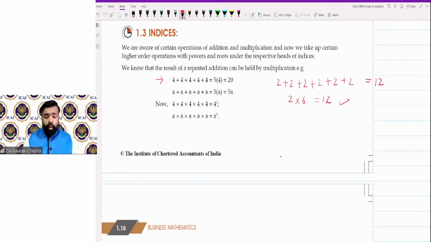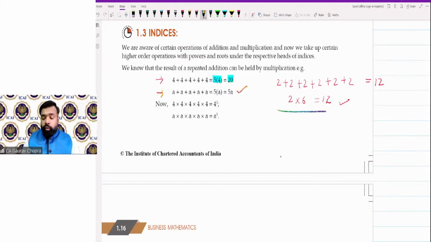So this can also be written as 5 multiplied by 4, that is 20. If we are adding a 5 times, a plus a and so on, then it can be written as 5a. So we have used addition sign in between.